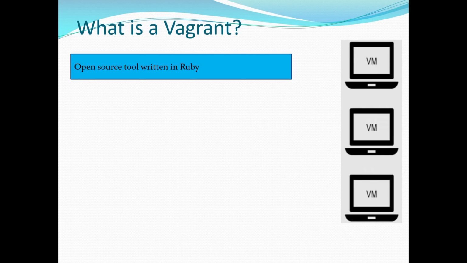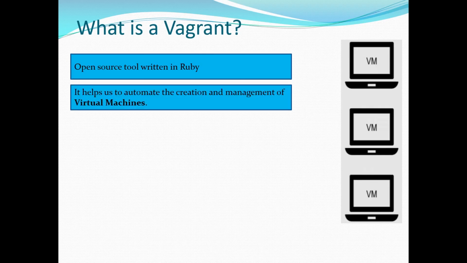Fine. So what is Vagrant? Vagrant is an open source tool written in Ruby. It helps us to automate the creation and management of virtual machines. Manually installing everything is very tough and tedious, so it really helps to automate the creation by just writing a Vagrant command. The configurations will be written in the Vagrantfile and we'll get it running in a moment. It might take some time depending on the system, but normally it happens very quickly.